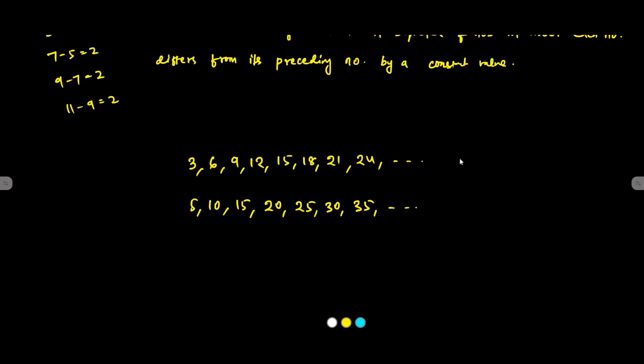So here the constant difference is equal to 3. Here the constant difference is 10 minus 5, 5, 15 minus 10, 5, 20 minus 15, 5, 25 minus 20, 5, 30 minus 25, 5, 35 minus 30, 5. Here the constant difference is 5.